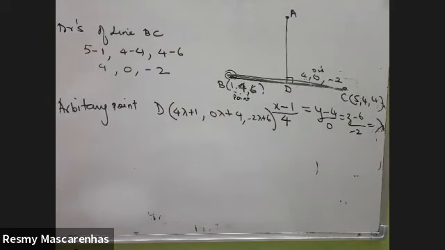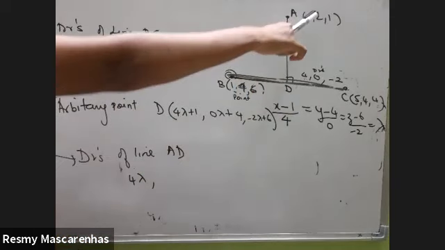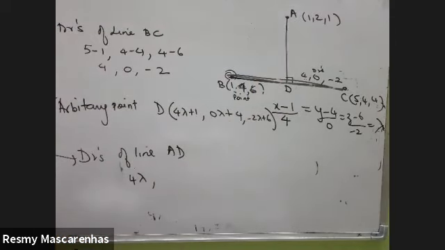So BC is done, no? Now AD. 4 lambda plus 1 minus 1 will be just 4 lambda. Then 0 lambda, and plus 4 minus 2 is plus 2. And then minus 2 lambda plus 5, you will get, since 6 minus 1 will be 5.